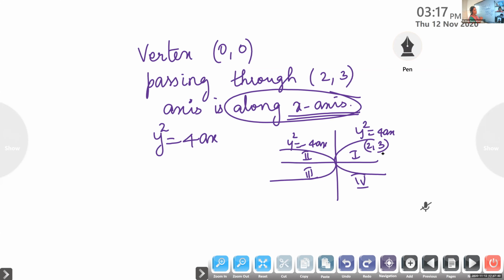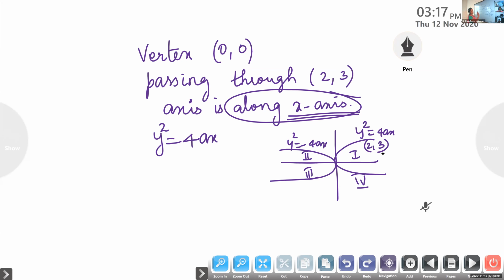That means what equation can you select? It is positive 4a, 4ax, not negative 4ax. So y square is equal to 4ax.